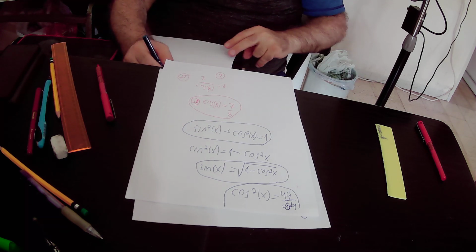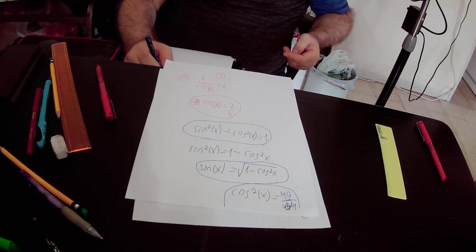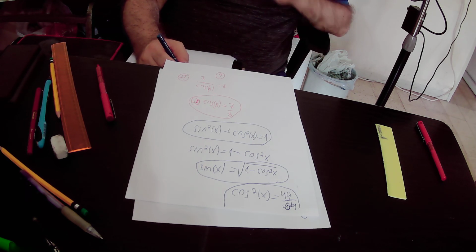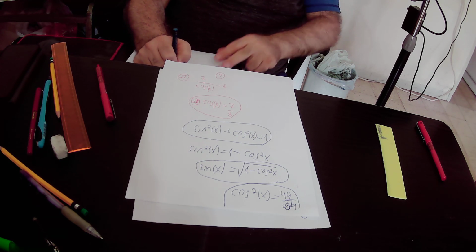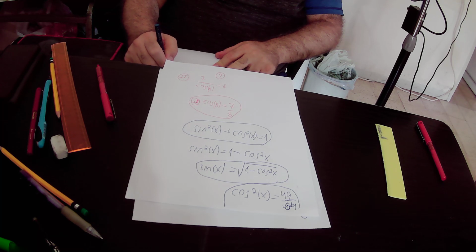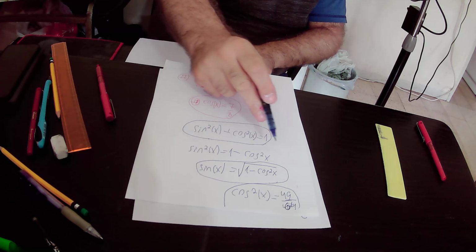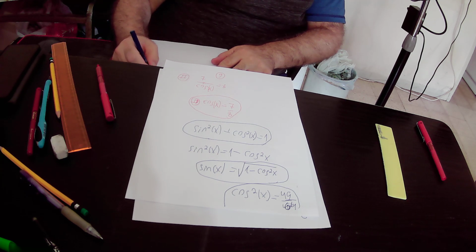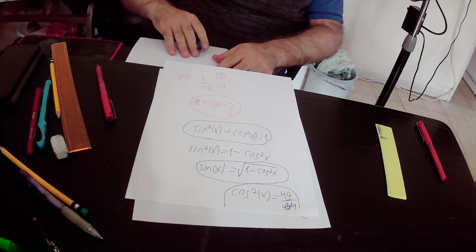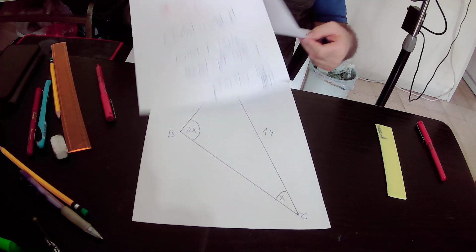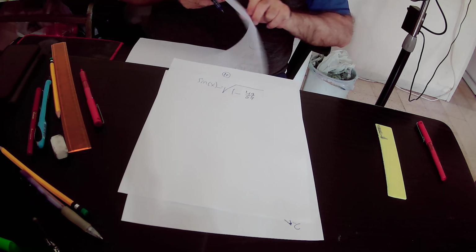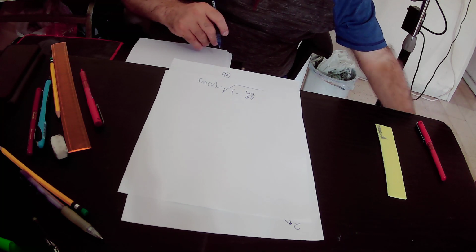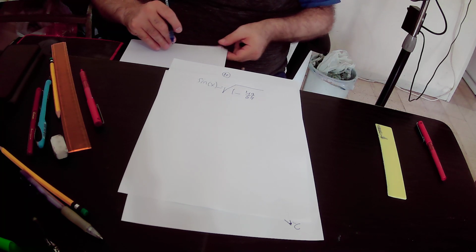Okay, so we will get that sine x equals the root of 1 minus 49 over 64.